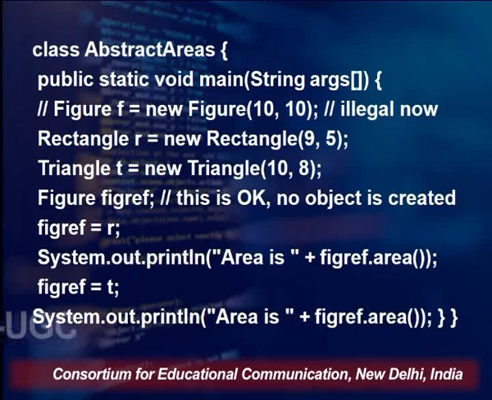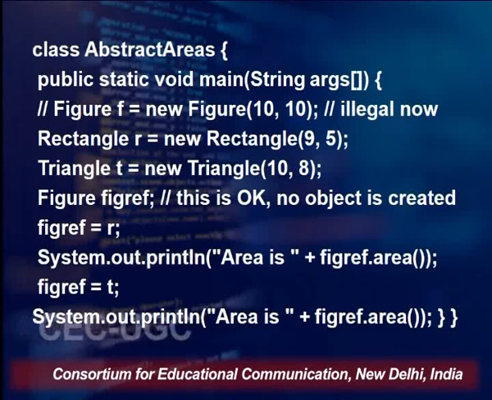And in this reference variable, based on the concept of dynamic method dispatch, or the concept that a parent class reference can contain a subclass's object's address, figure ref equals R is perfectly fine, and then we can call figure ref dot area. Then we have figure ref equals T, and then we can call figure ref dot area.